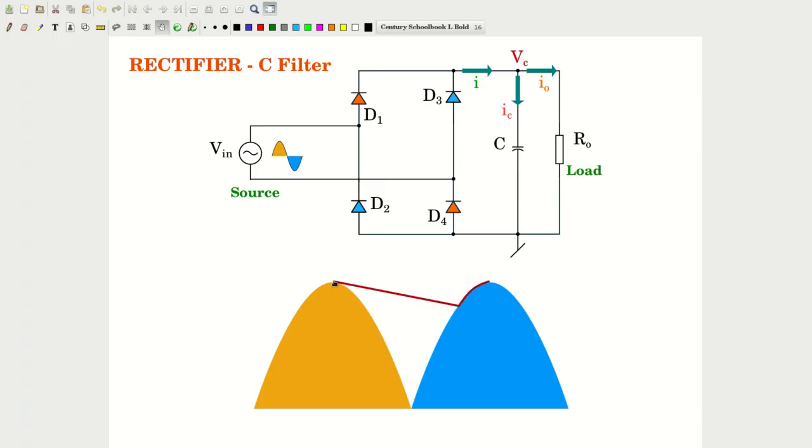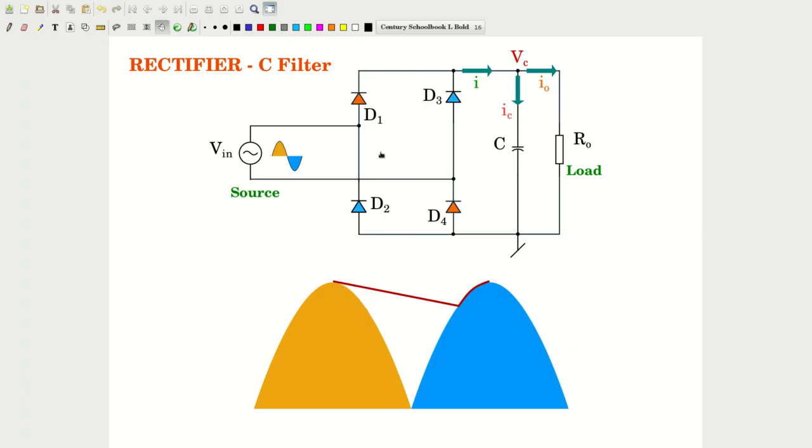At this point, the capacitor is discharging through the load with some time constant. So this is the discharge path of the capacitance, whereas the input wave shape is following this path.